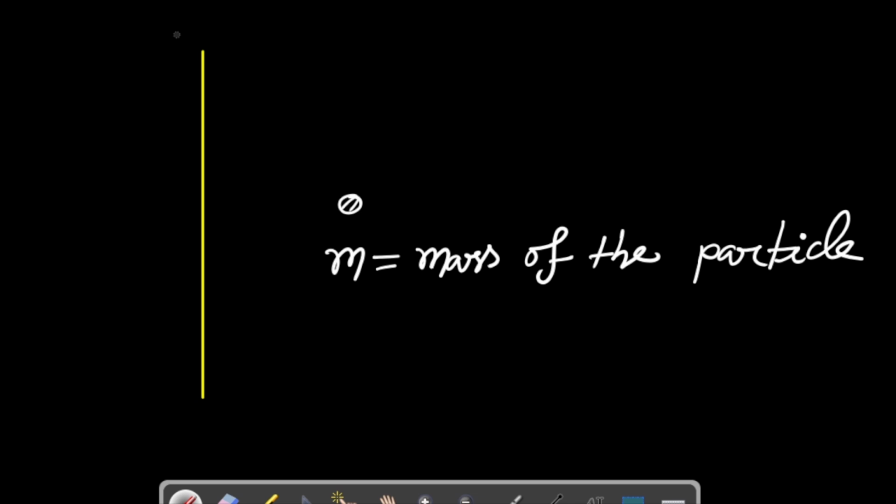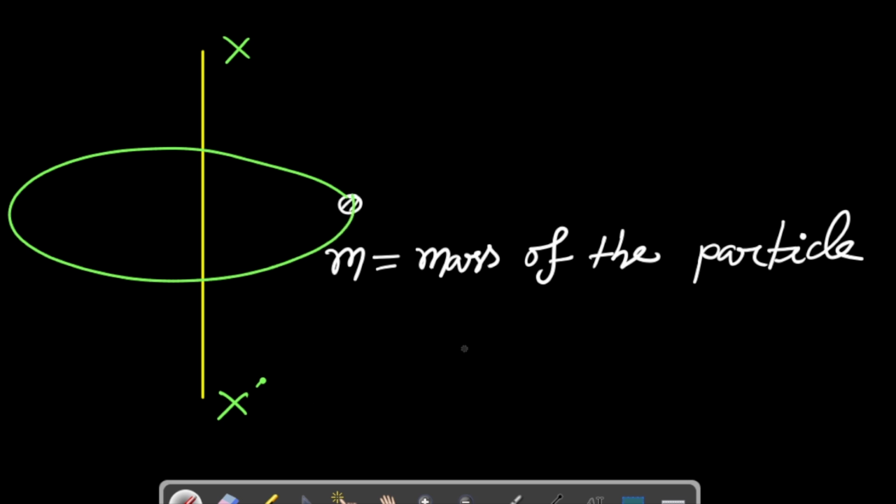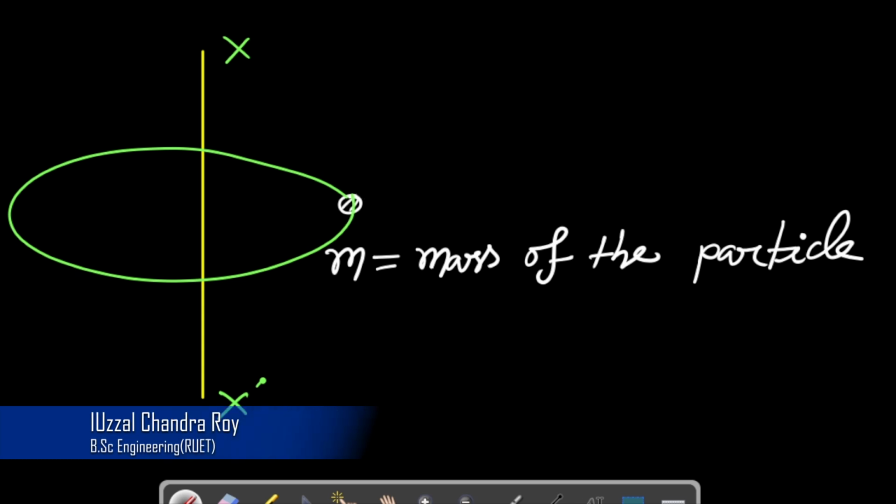Suppose the name of this axis is x prime. X prime is the rotational axis, and if this particle rotates around this axis, then the point mass of the object turns into moment of inertia.